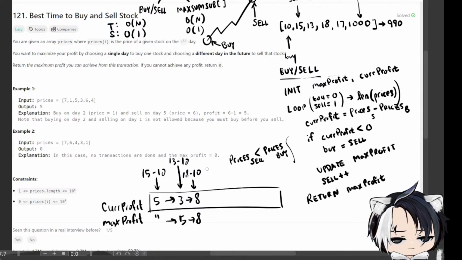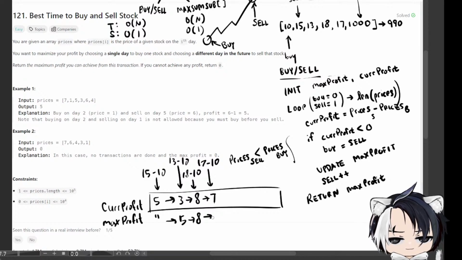Then you do 17 minus 10, and that's 7. Max profit is still 8. 1,000 minus 10.